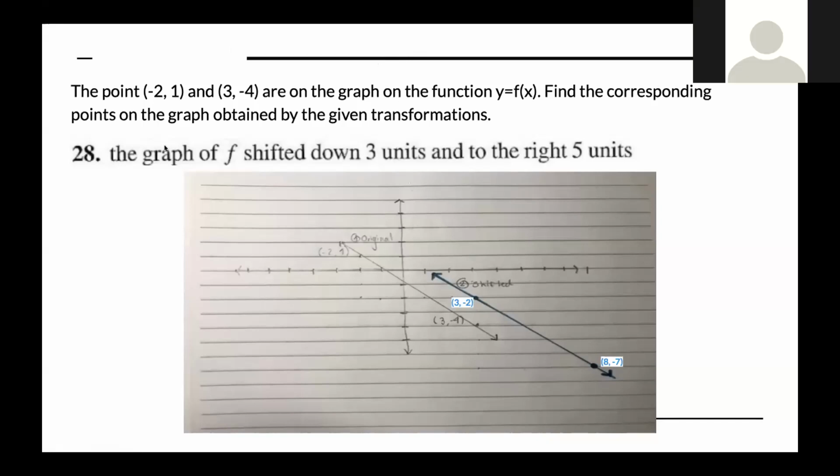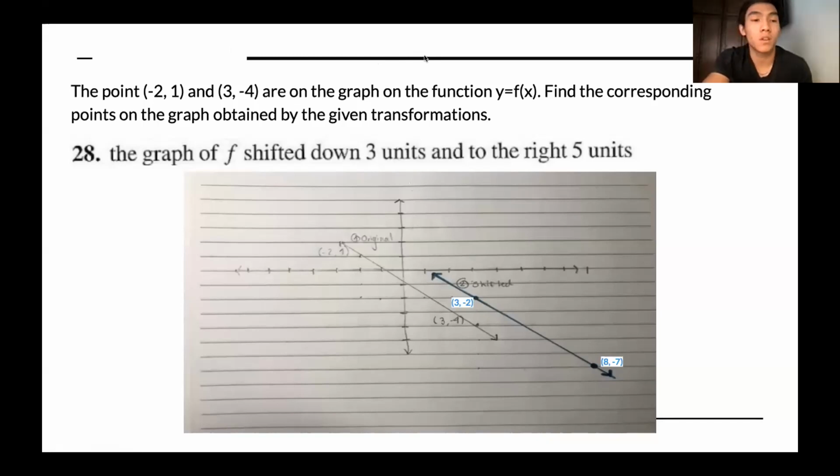Yes, here's problem 28. It says that the points -2, 1 and 3, -4 are on the graph of the function y equals f of x.